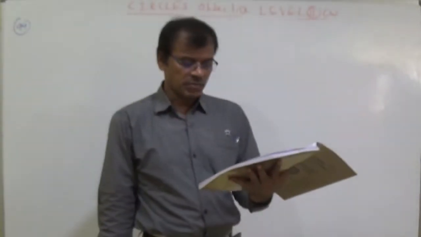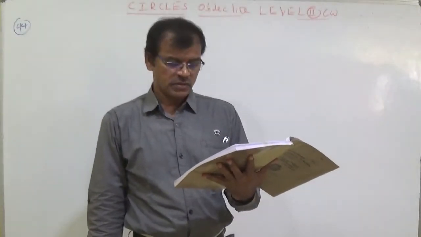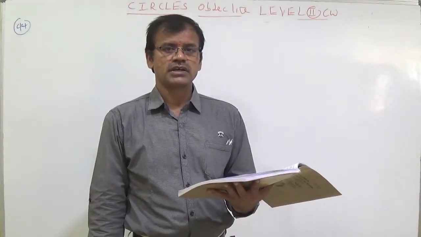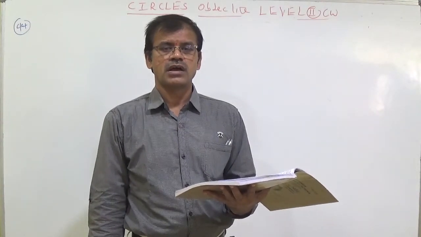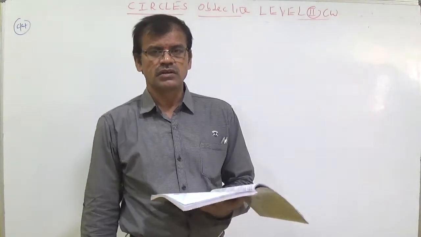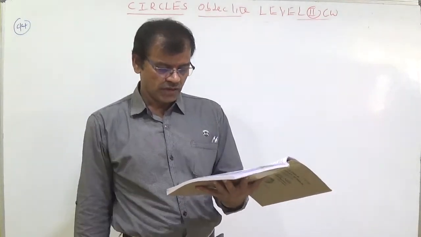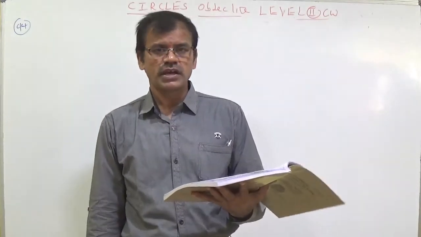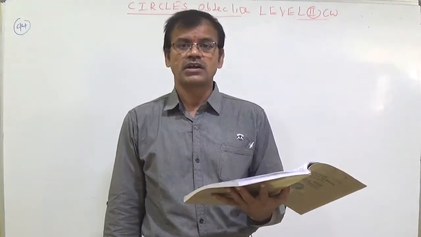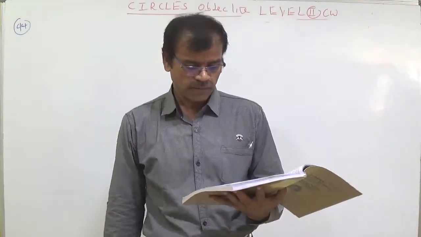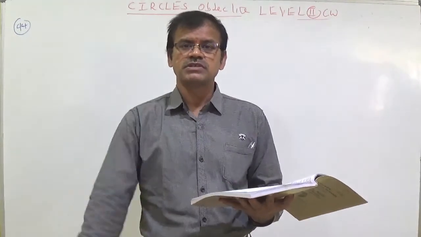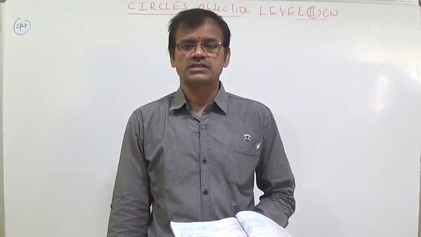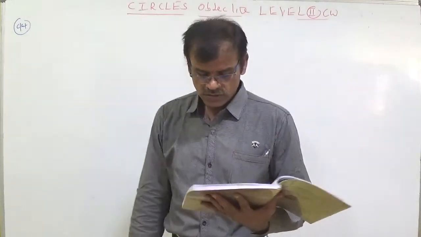Number of positions of P such that angle APB is equal to 90°. Whenever angle APB = 90° is given, you should understand it as the angle in a semicircle. If you take the line AB, where A and B are given, then AB is a diameter, because the angle in a semicircle is 90°, and every diameter divides the circle into two equal parts.